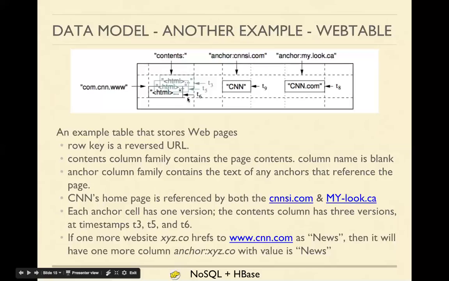All right. So when you're querying Bigtable, you can simply either query a particular row key, or you could say give me all the rows for this particular column family or column.